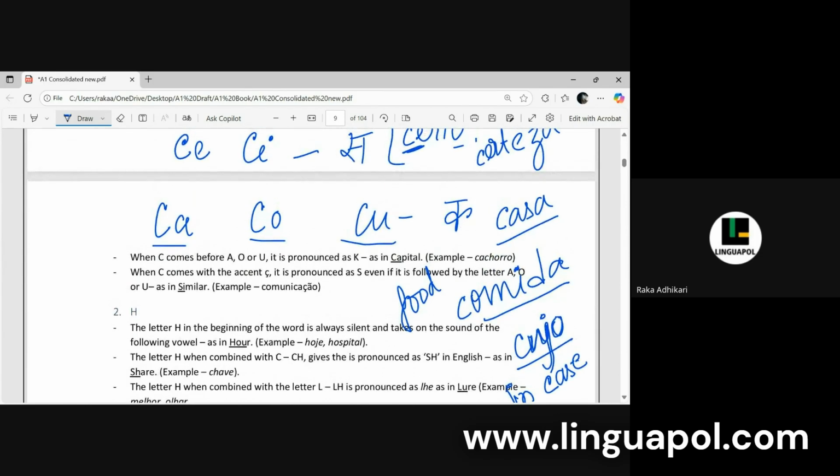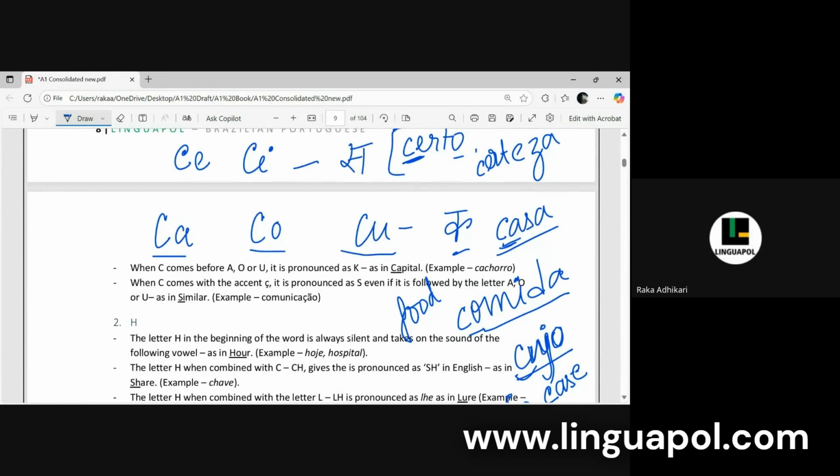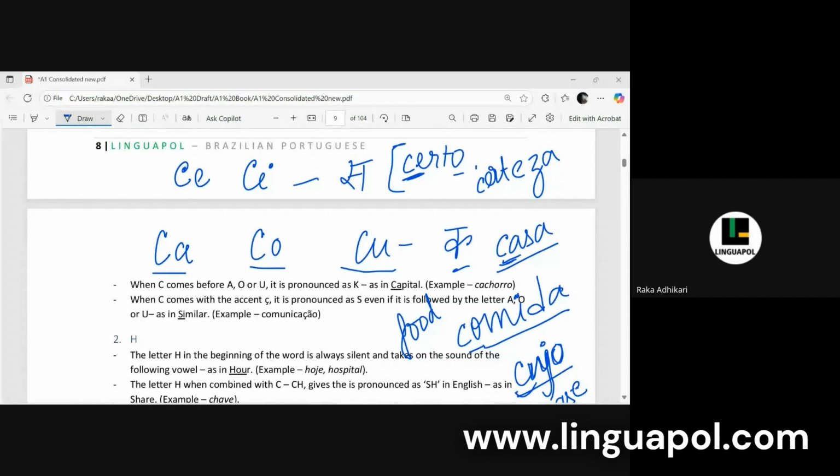All these words, you can see, have the combination of CA, CO, or CU, which gives the sound of K. We can never read this word as saza. It will always be kaza. So let us look at more examples like this in this combination.